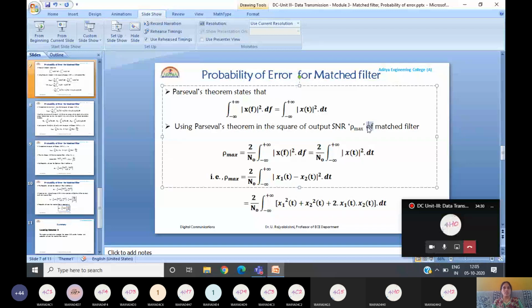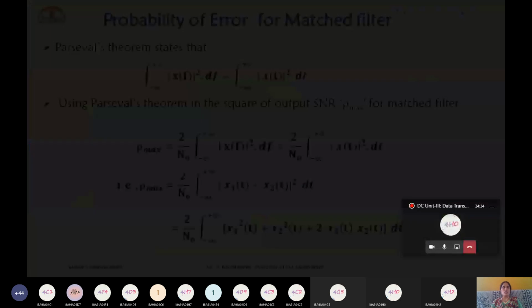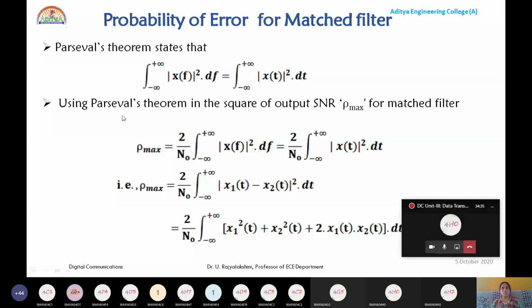Using Parseval's theorem in the square of output SNR equation for the matched filter, we can obtain rho max as 2 by n naught integral from minus infinity to plus infinity of mod X(f) square df. You can replace this mod X(f) square df as mod x(t) square dt.